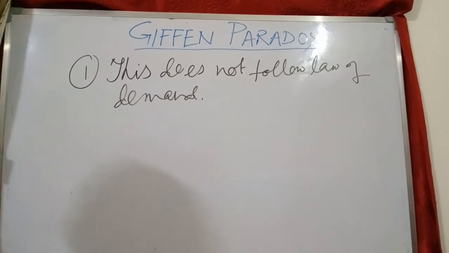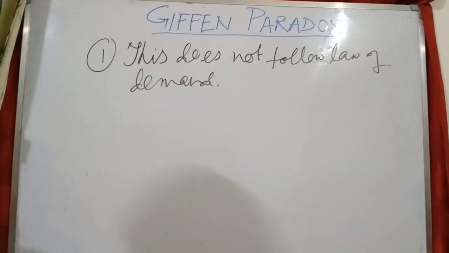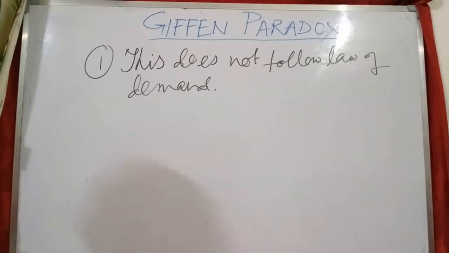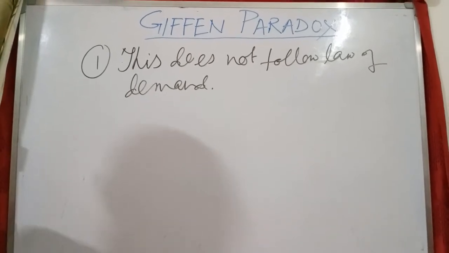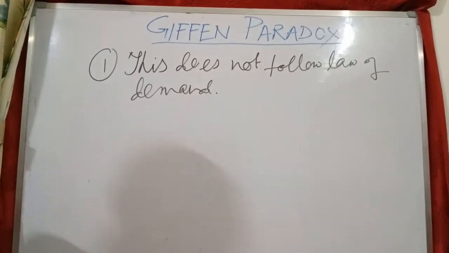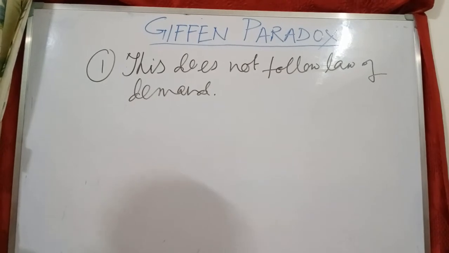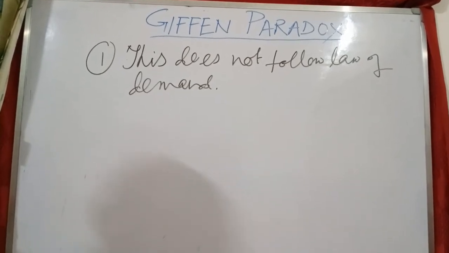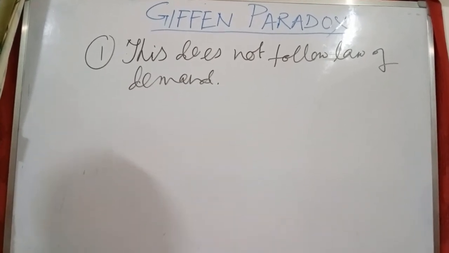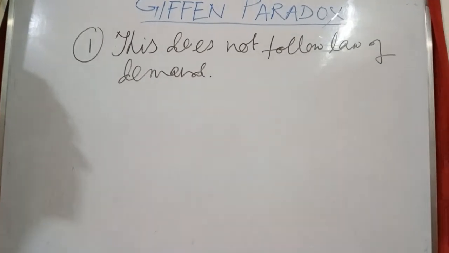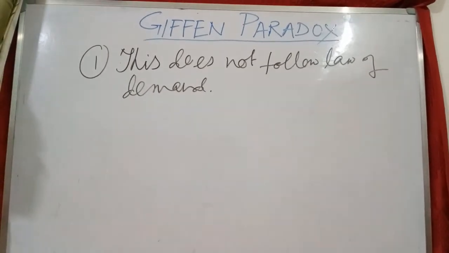Now, what is the law of demand? We know that the law of demand states that when the price of a commodity falls, quantity demanded of that commodity increases, and when the price of a commodity increases, quantity demanded of that commodity falls.